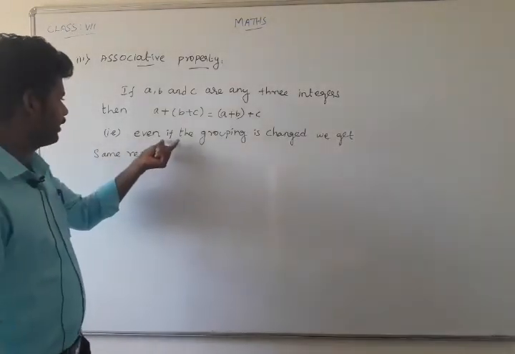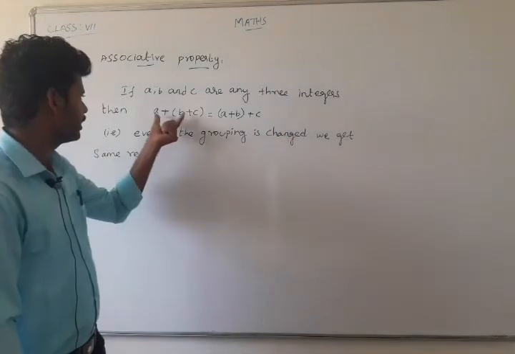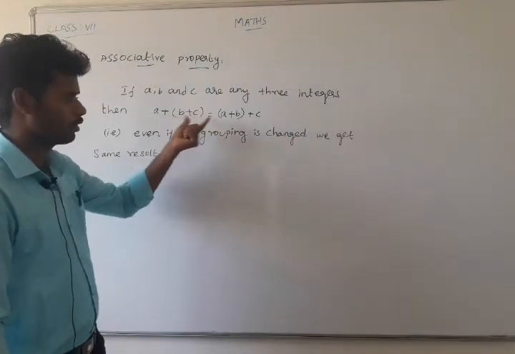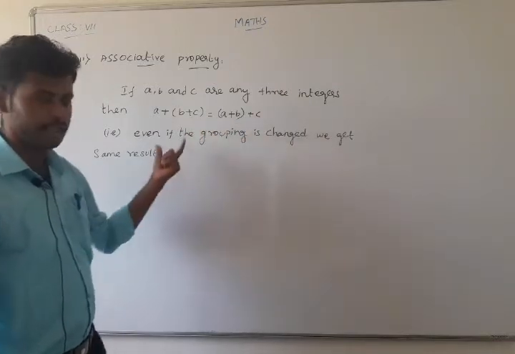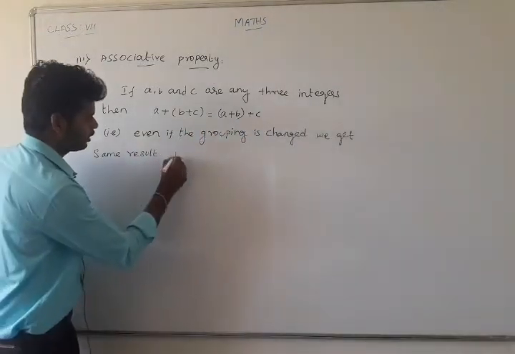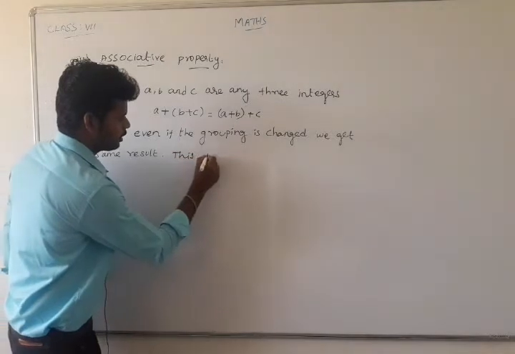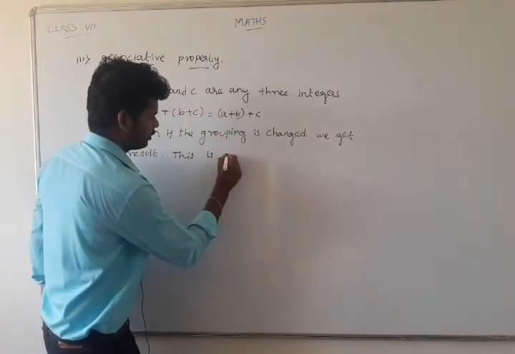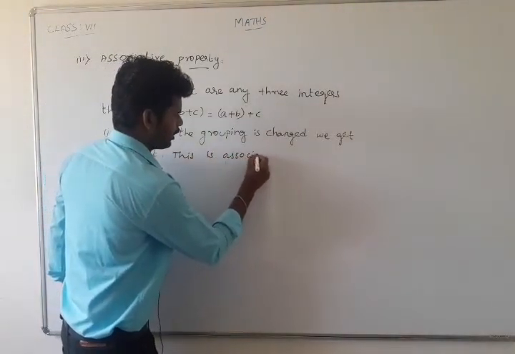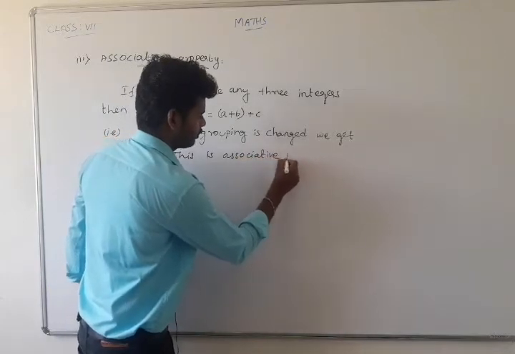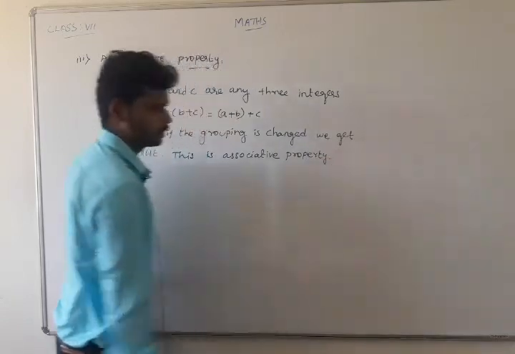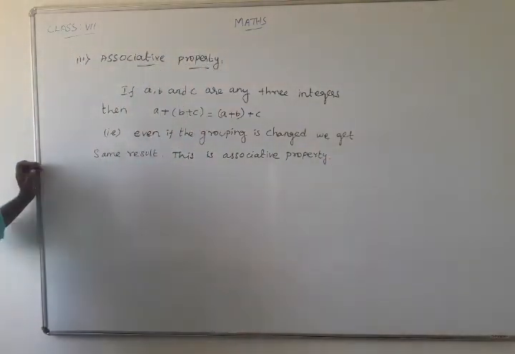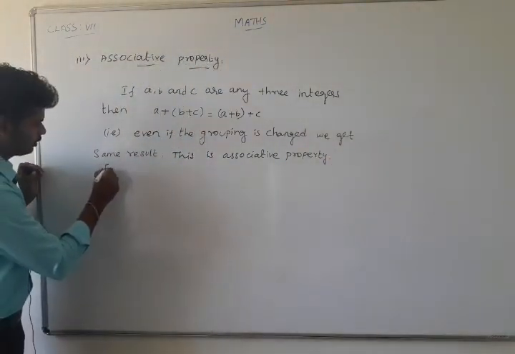This means even if the grouping is changed, here the group A plus B, and here the group B plus C, the group is changed, we get the same result. This is the associative property.